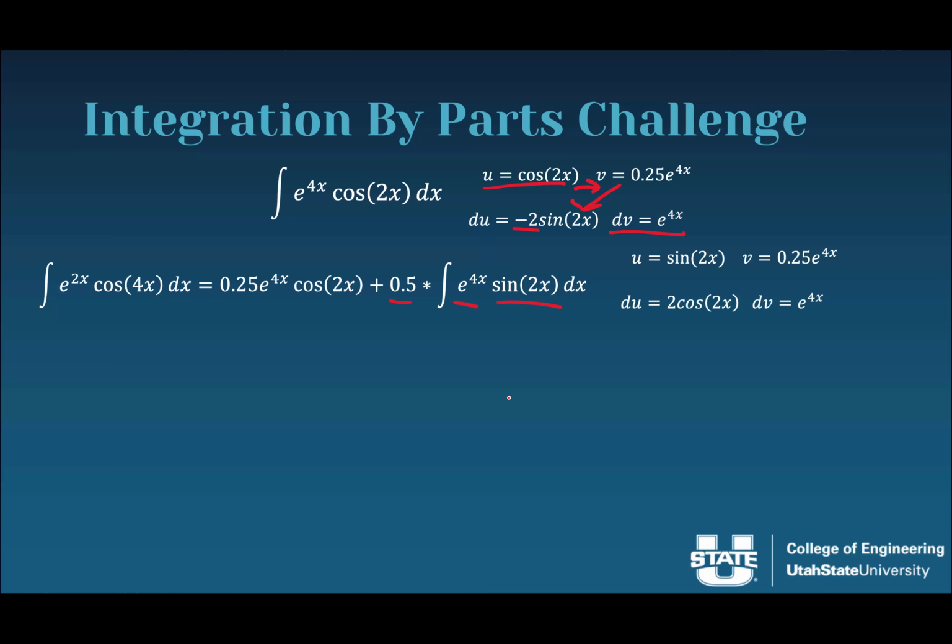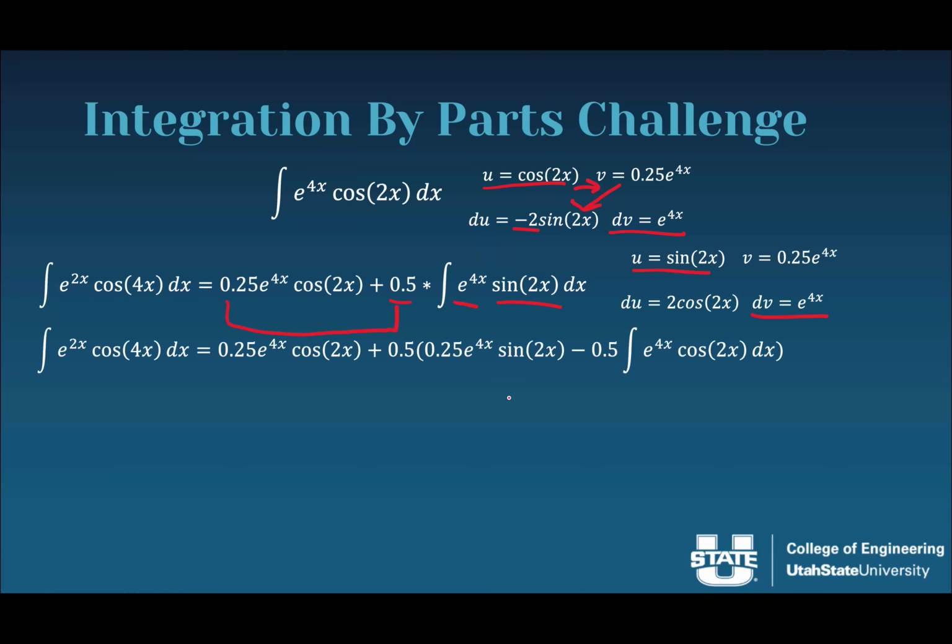Woo! Except this time, we're gonna have our u equal to sine of 2x, and then our dv equal to e to the 4x again. It's gonna be the same process, right? But we have to carry over all of this same stuff, and then this integral that we're solving just adds on to each other, right? Okay.